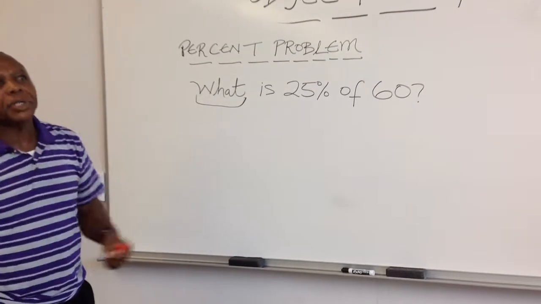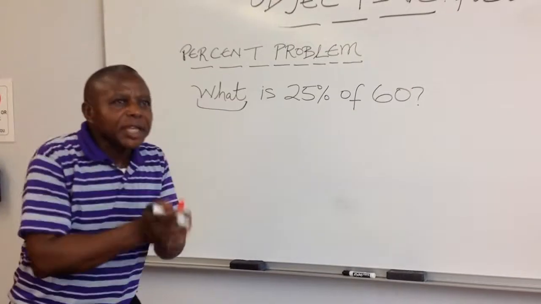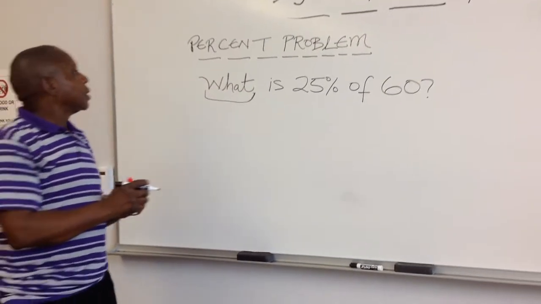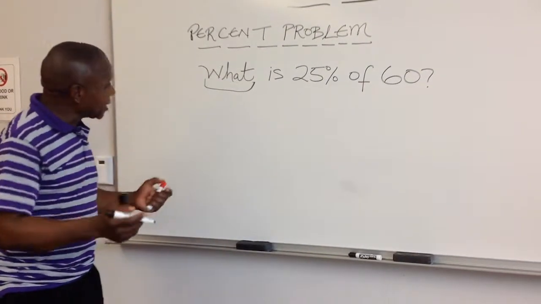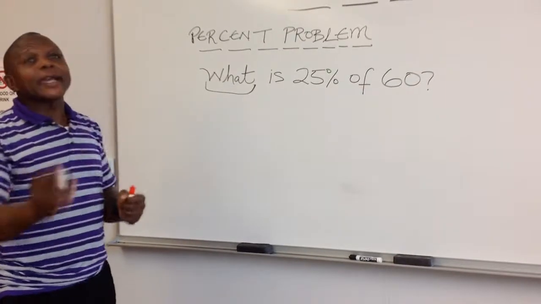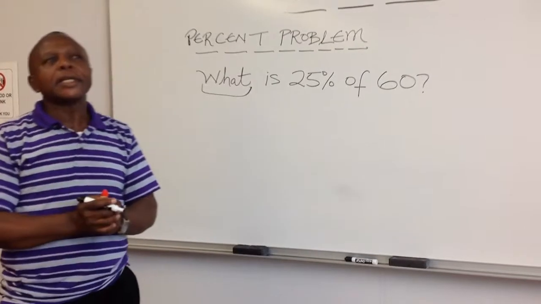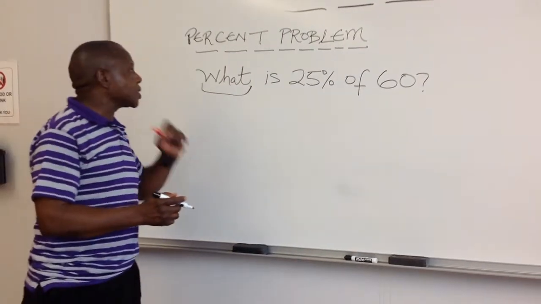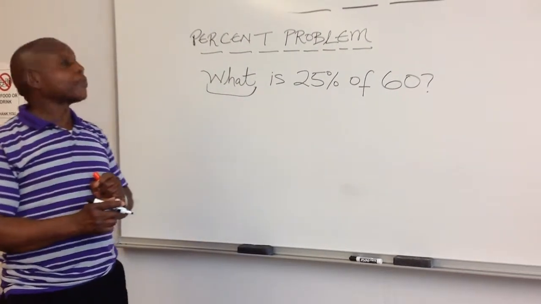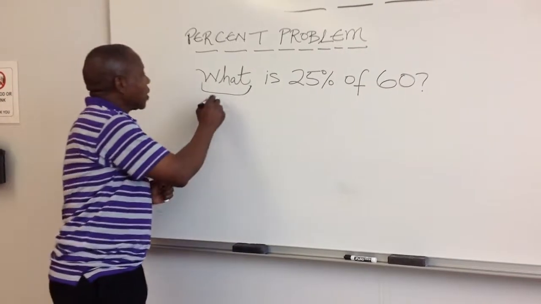What? How much? How many? If you see this type of phrases or words, they are keywords that represent something very important. So we can use a variable x or y or z to represent the what. So let's call this x.